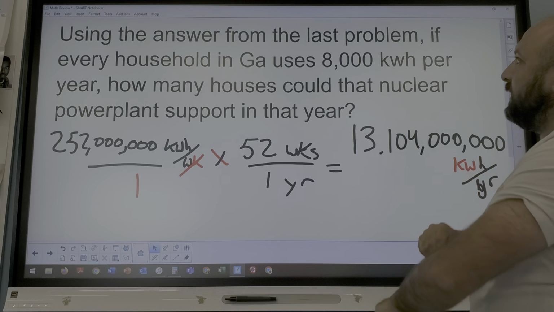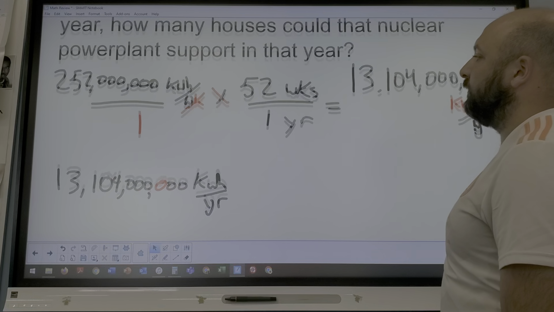So then I want to know if they use this much per year. Each house uses 8,000. Oh my gosh. So if I got this number here, and that's how many kilowatt hours per year are made, and then I know I have 8,000 kilowatt hours per year for each house.